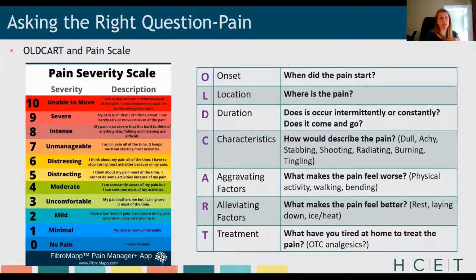Does it happen all the time, or does it come and go? Where is your pain? How would you describe the pain? Have you ever had this type of pain before? What makes your pain feel better? What makes it feel worse? What have you tried at home to help relieve the pain? Those are really good questions that will help you understand that pain a little bit better.